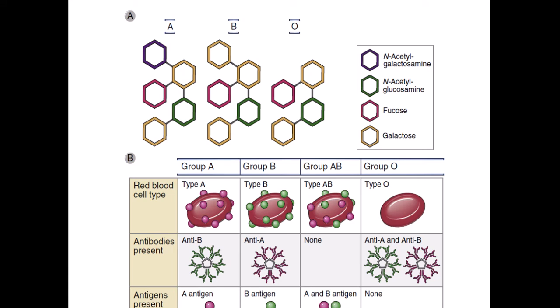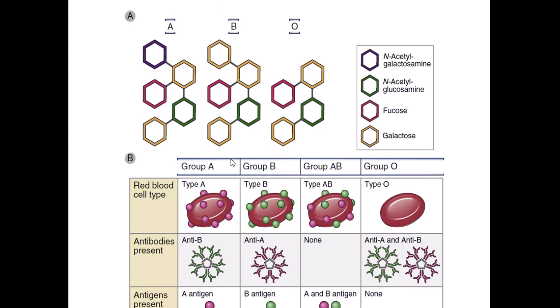Blood group AB has both together, and blood group O doesn't have these carbohydrate antigens, and those are located on a stem type of molecule. We call it the H antigen. So the H antigen is the backbone, and then on top of it you have these carbohydrate antigens, acetylglucosamine for blood group A, and D-galactose for blood group B.